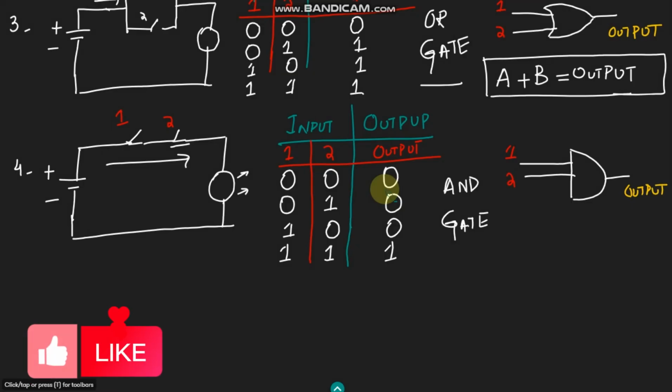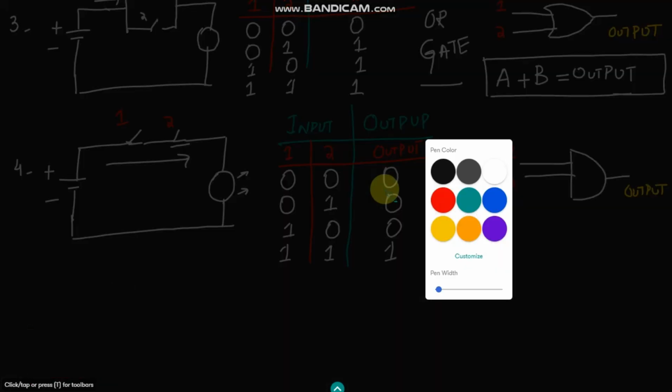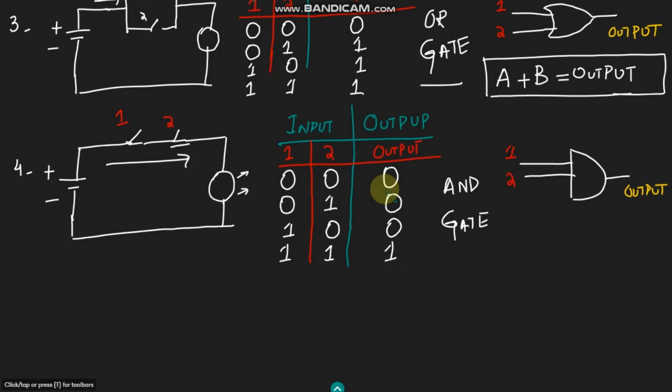Similarly, the mathematical operator which is used to represent the ANDing operation is this dot operation. So the output is composed of the AND of A and B.